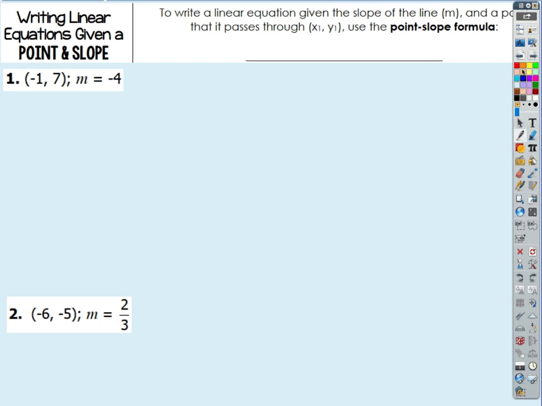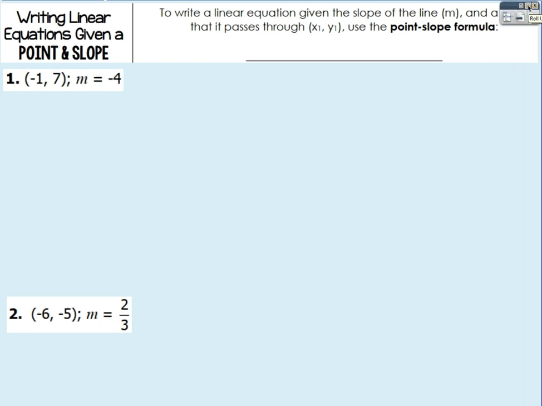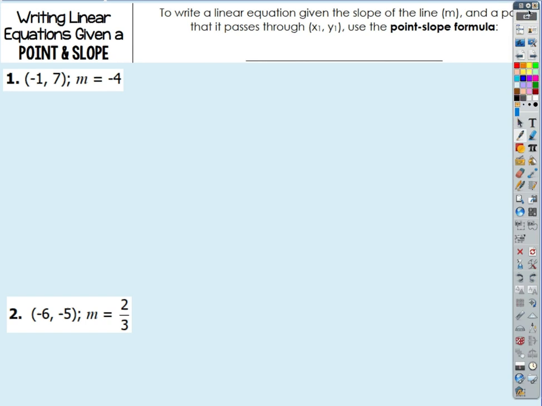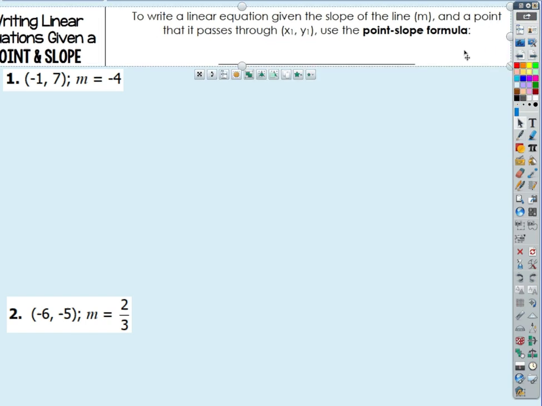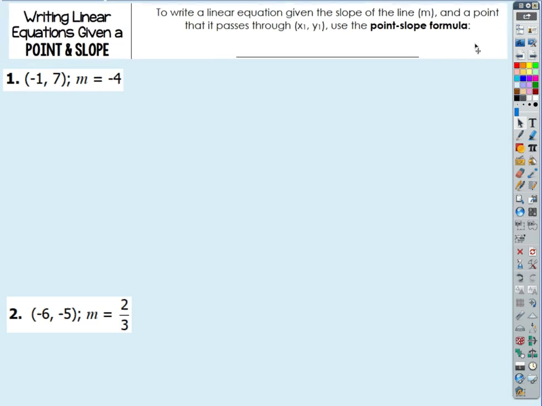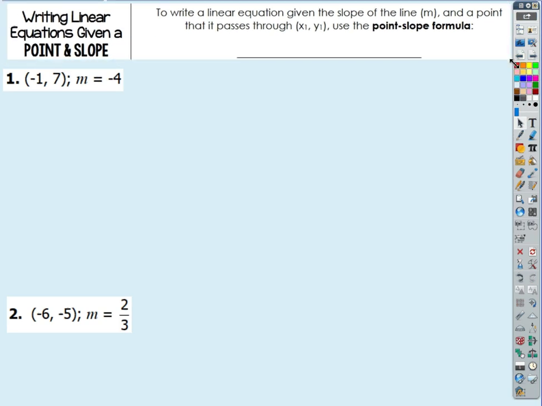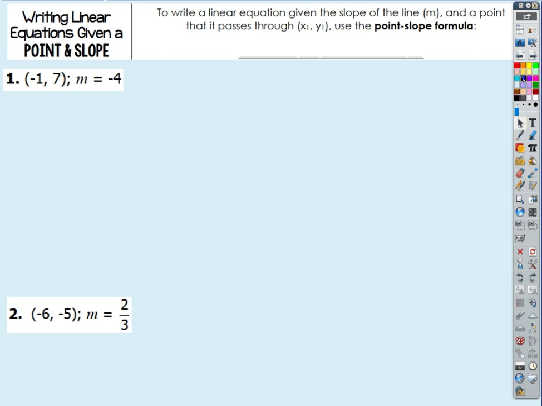It just says this, to write a linear equation given the slope of the line, so if we're given the slope m, and a point that it passes through, now this is going to look a little different, x1, y1.